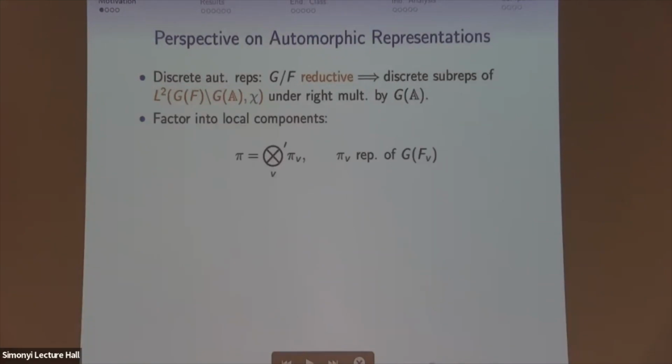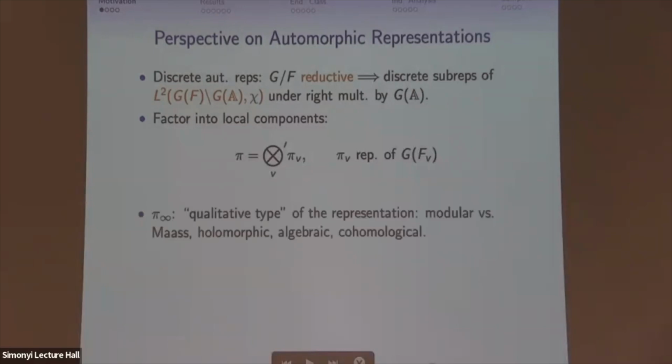Of course, these automorphic representations have a factorization, where the adelic points of the group are a product of the F_v points of the group for every v. So your irreducible representation might factor as a tensor product of irreducible representations of G(F_v) for each v.